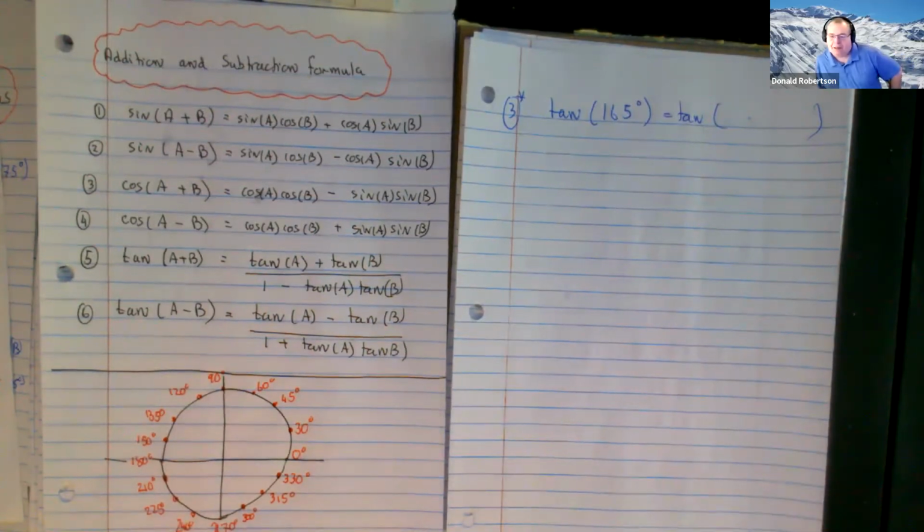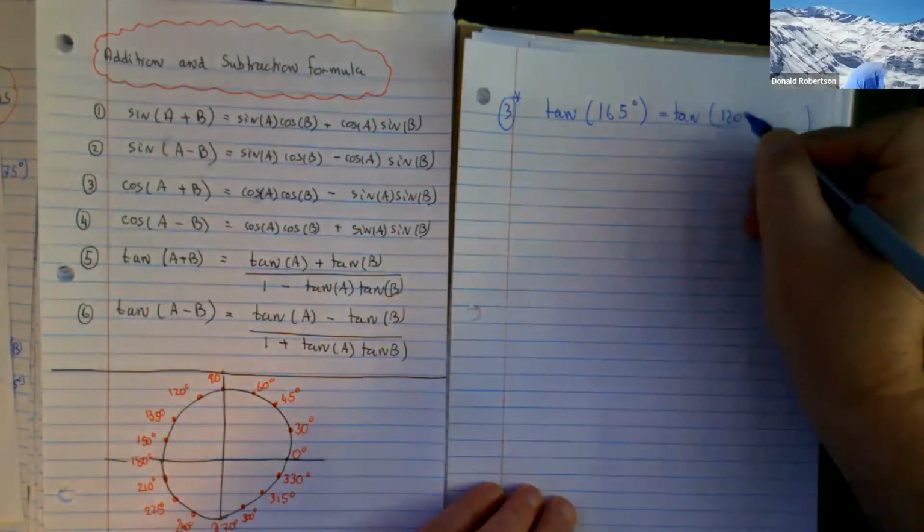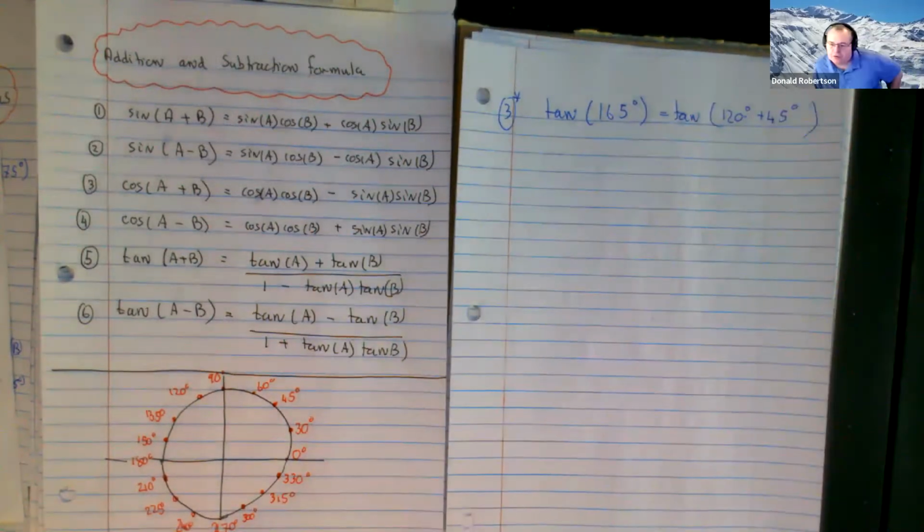I need some help here. 2 guys added 165. 2 guys subtracted 165. Don't care which, just find somebody. 120 plus 45. What was going on in your head there for those people who are taking a bit longer? How do you figure that one out, Cassandra?